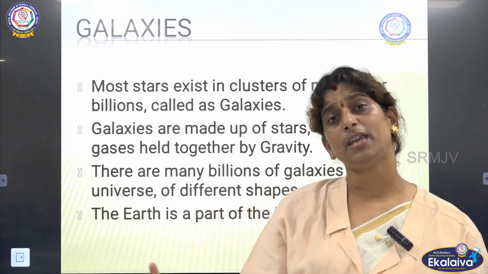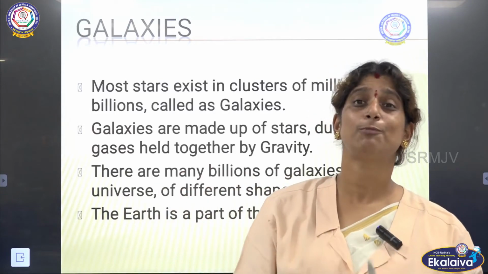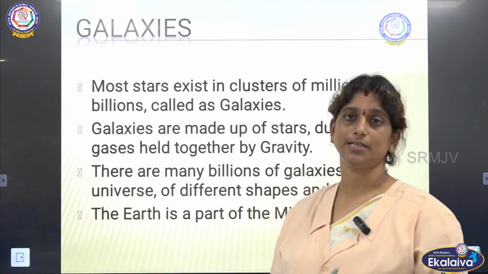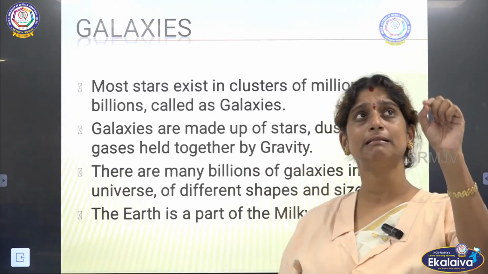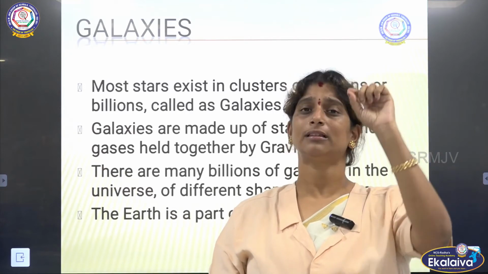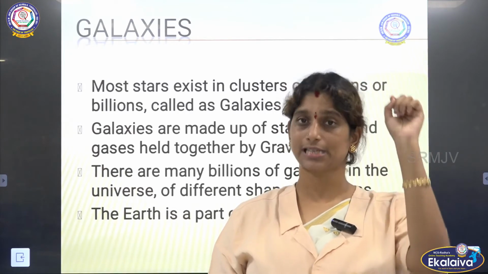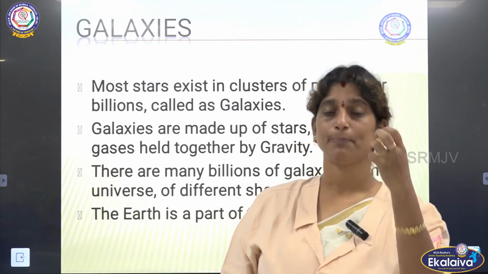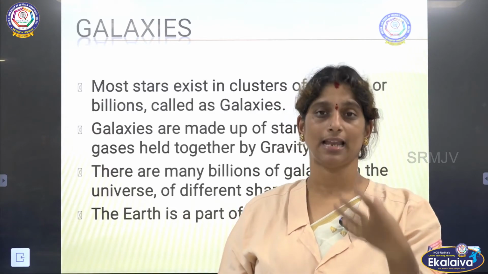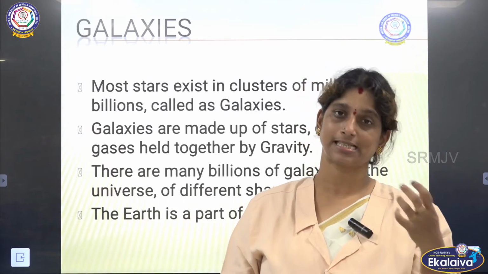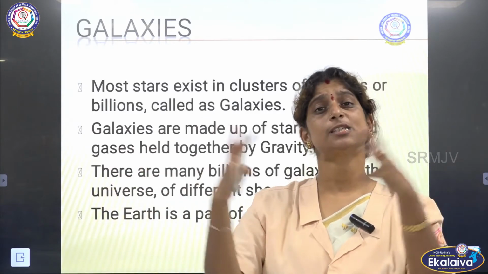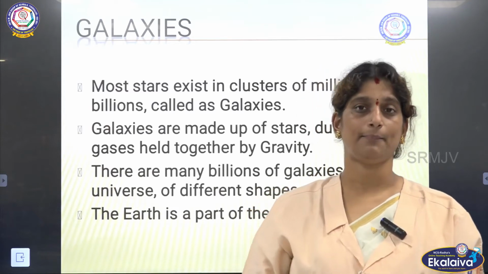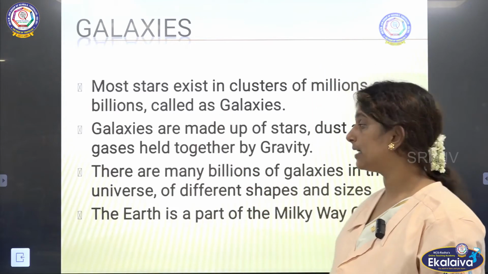So a single heavenly body in the sky which has a burning gas in it that gives us heat and light, we call a star, and many stars put together in a group or cluster, we call galaxies, right?